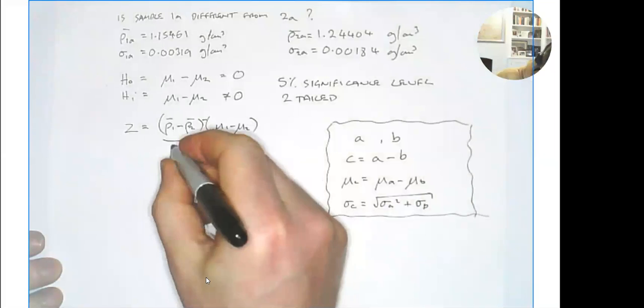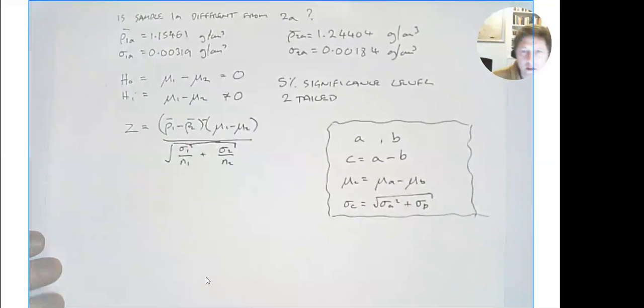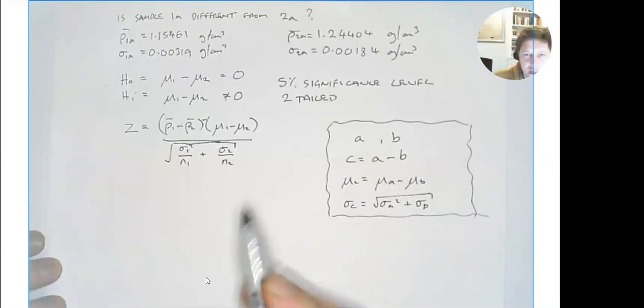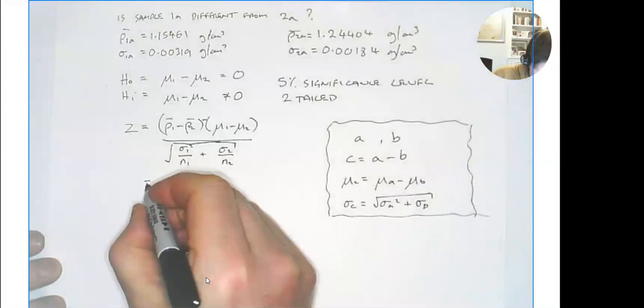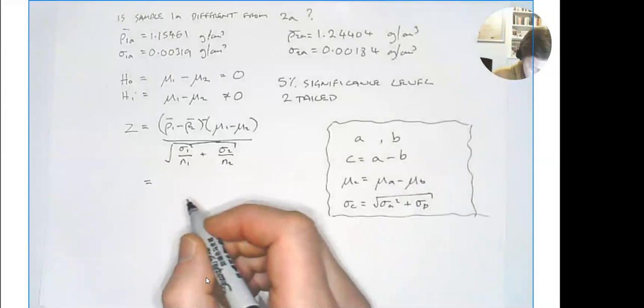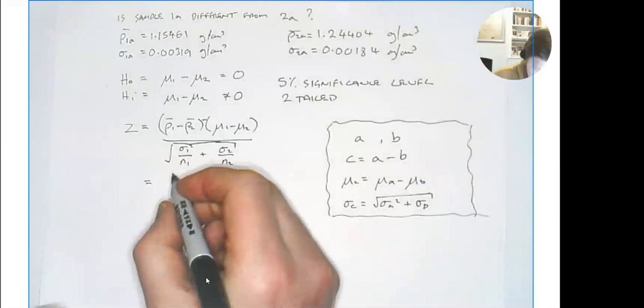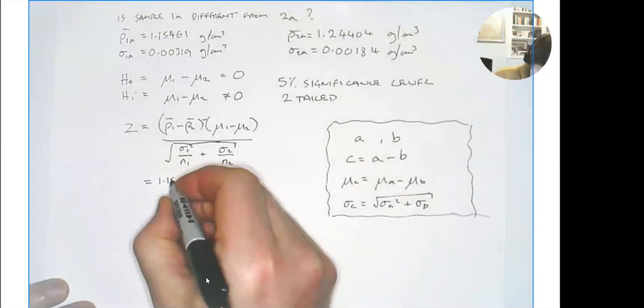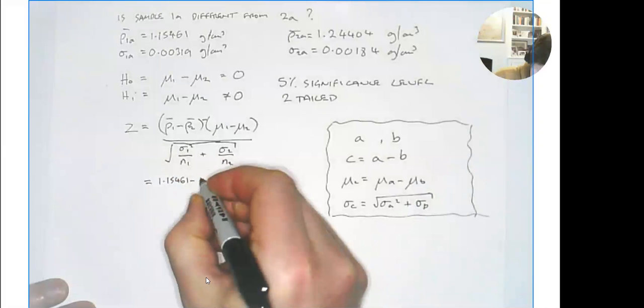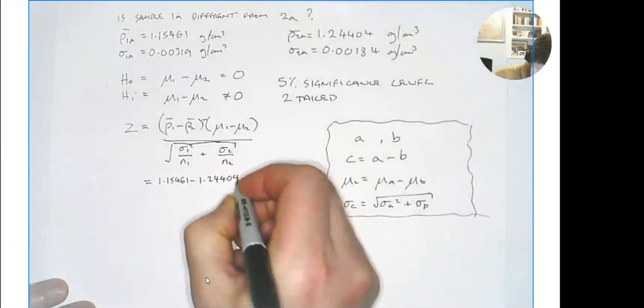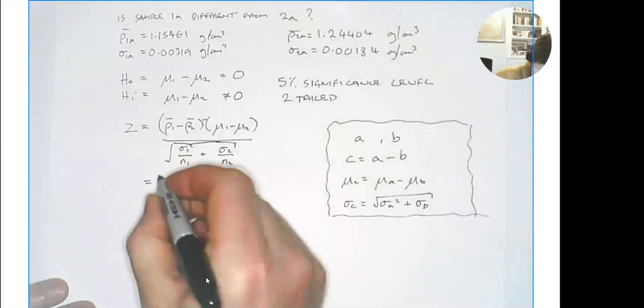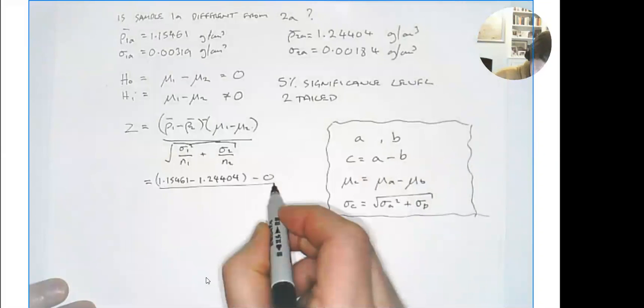And we square root all of that like so, and that's going to give us our Z value, and so that's going to be equal to 1.15461 minus 1.24404, and that difference is 0 for H0.